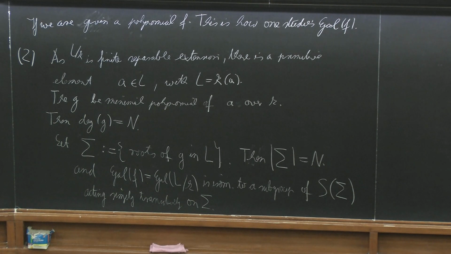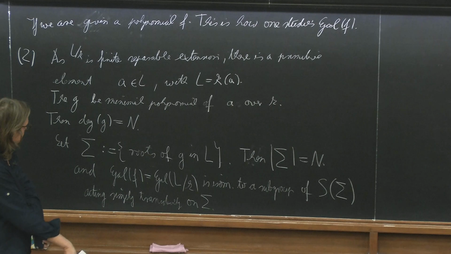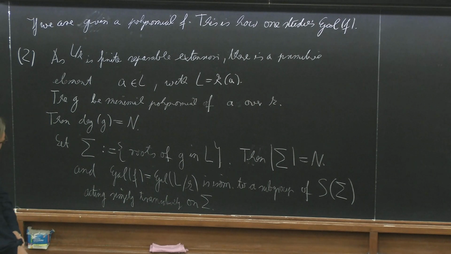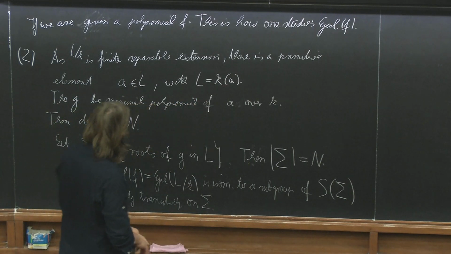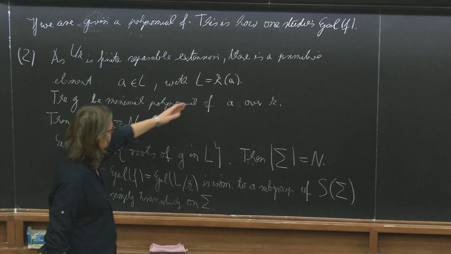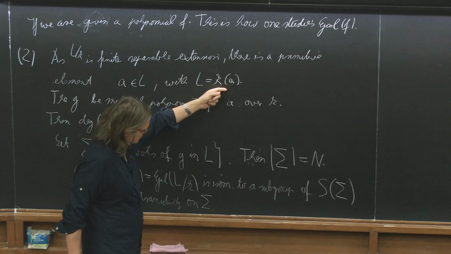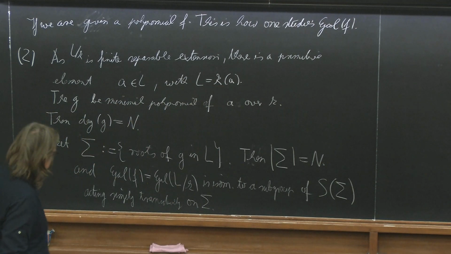But this is not useful, for instance, to study the Galois group of any given polynomial, but it's useful in some kind of more general proofs, because one is working with a simple extension, and we know a lot about simple extensions. But in concrete cases, if you're given a polynomial f, you somehow won't find the primitive element, or even if you do, you cannot do very much with it.